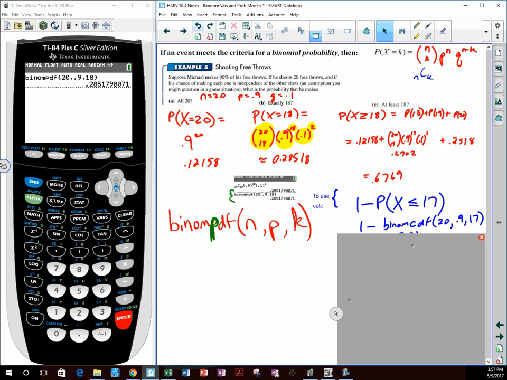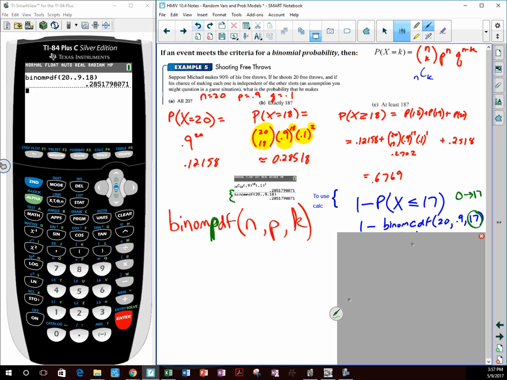Well, it's because your calculator's CDF function will calculate that 0 through 17. The binomial CDF function calculates anything from 0 successes up to the number of successes that you put in. So if I put 17 in, it's calculating 0 through 17 successes and adding all of those together.